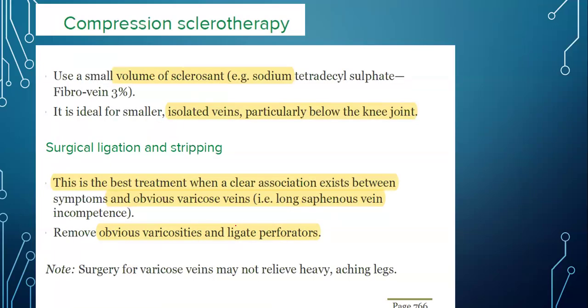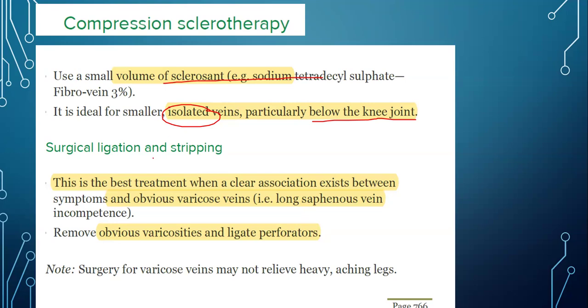If that is not working and the patient has severe varicose vein, one option, especially for varicose vein below the knee joint where it's just one isolated vein that is the problem, is sclerosing therapy. That means you insert some sclerosing chemical which will reduce the varicose vein. So that's called compression sclerotherapy.